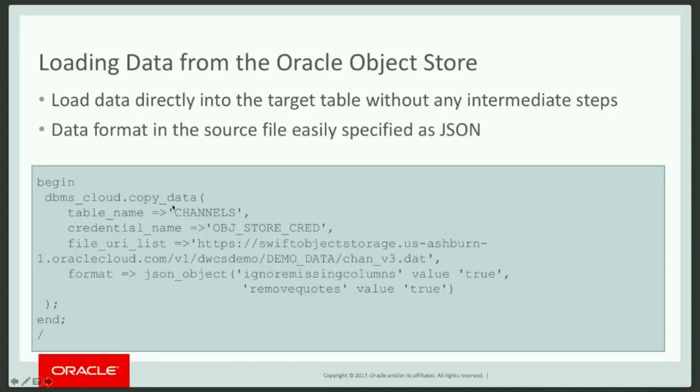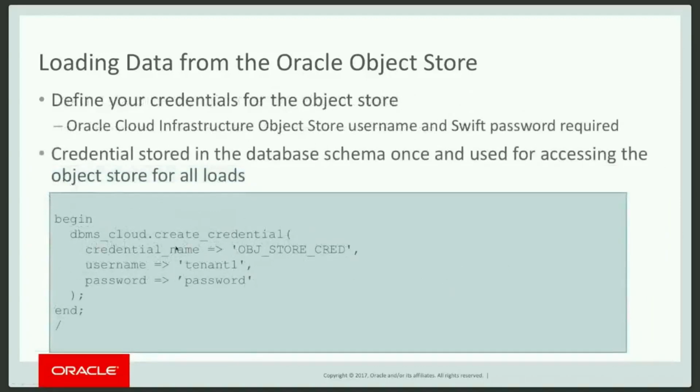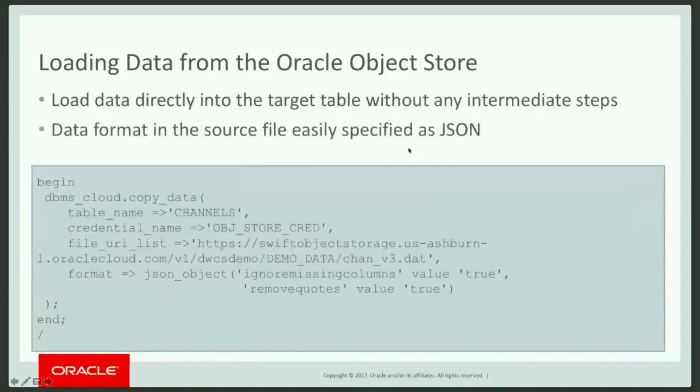And this is the copy data. So this is going to create a new table called channels. Here's the object store credential that I created here that links to my tenant name, where my object store is, and the Swift password that I create from the object store. And then in a similar way that you do with SQL Loader, you just pass us in a key value pair, JSON style, how we're going to manage that load process.